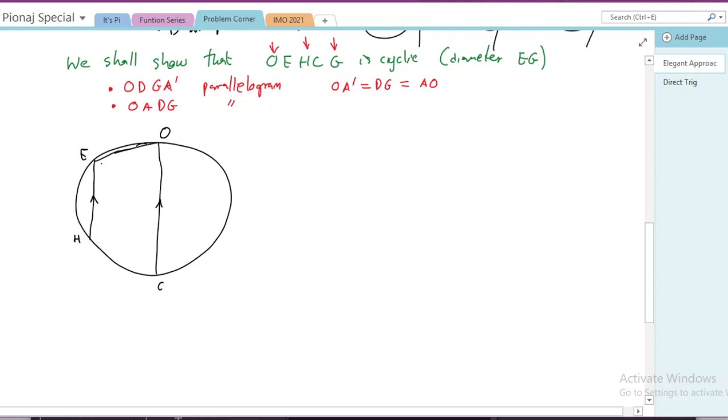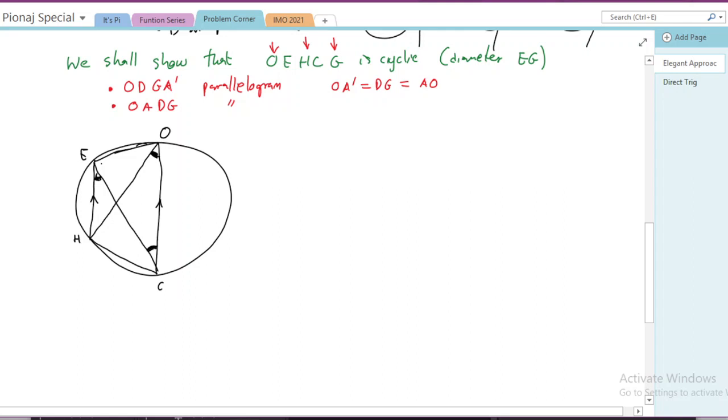To prove that, we just do it quickly. So you see that this angle here is equal to this angle, based on this segment HC in this circle, and also since HE is parallel to OC, by alternate angles it should be equal to this angle at C here.